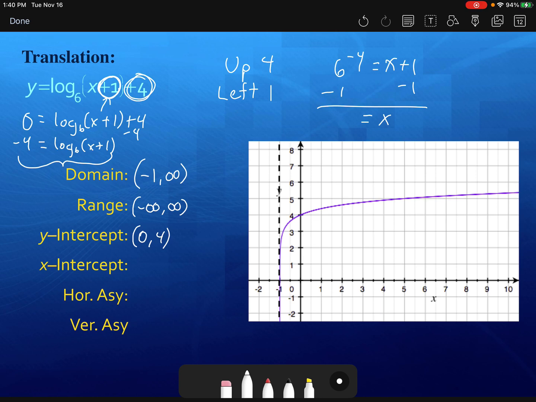So 6 to the -4 minus 1 is -0.99922 and a bunch of other stuff, comma 0. So there's the x-intercept. Almost -1, but not quite, because it can't be -1, because it's a vertical asymptote. So I probably ought to say x equals -1. And again, there's no horizontal asymptote there.